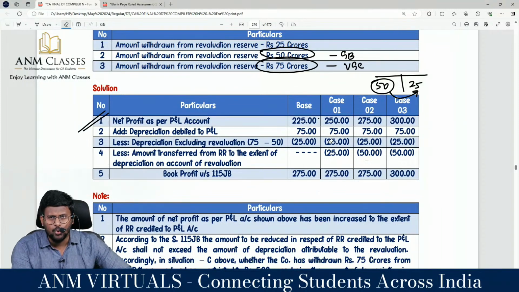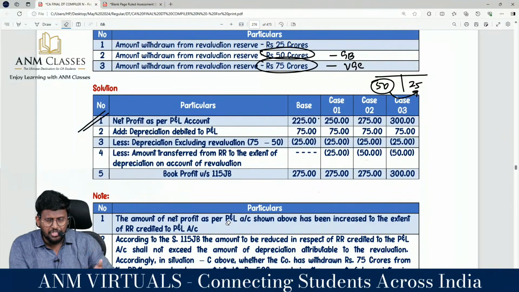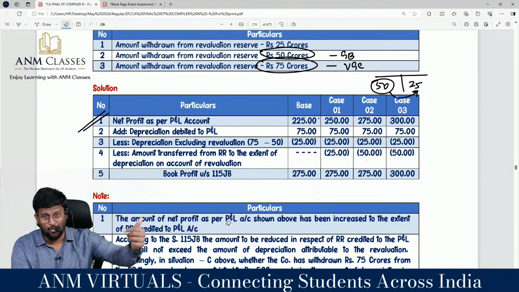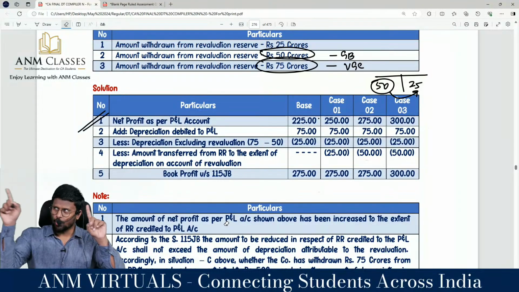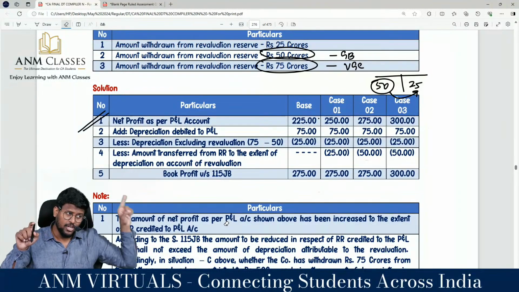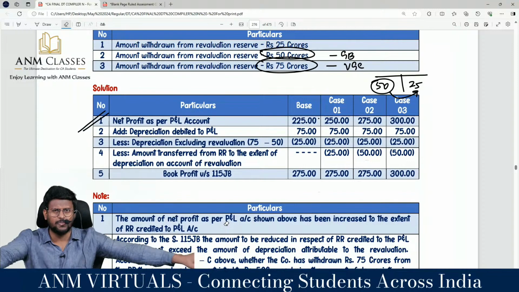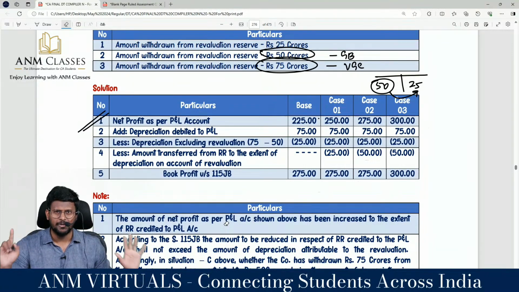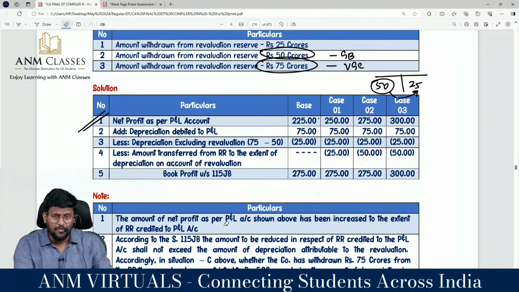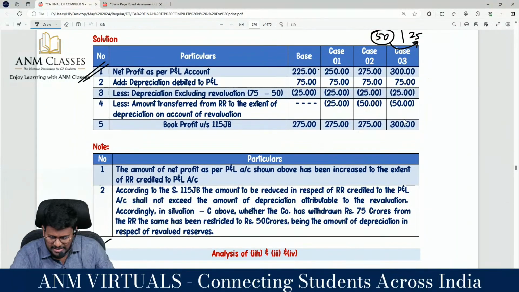We will allow you to withdraw only 50 crores because the amount withdrawn from revaluation reserve is to the extent of depreciation on account of revaluation. You debited 50 crores, so even if you credit 75 crores, we will not allow 75 crores to be reduced. We will allow only 50 crores to be reduced. That means we want that extra 25 crores. So since you extra withdrew, 300 crores will be the net profit.